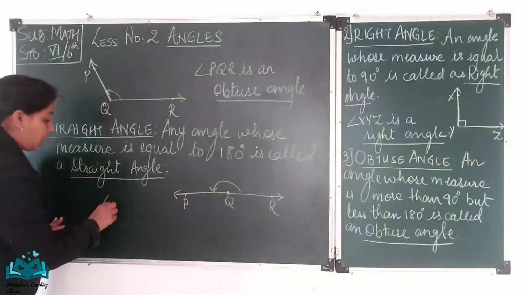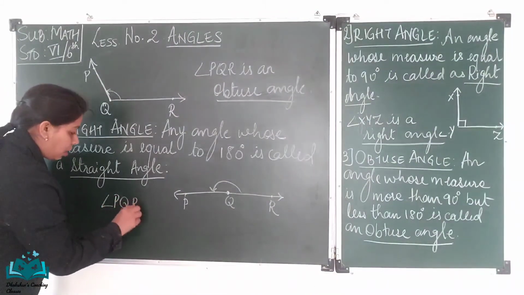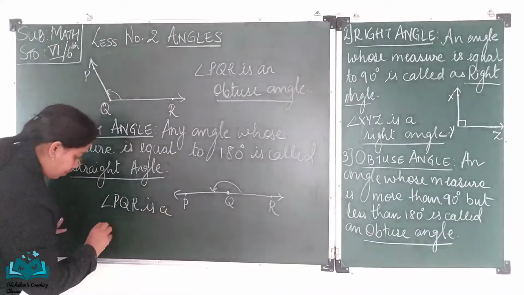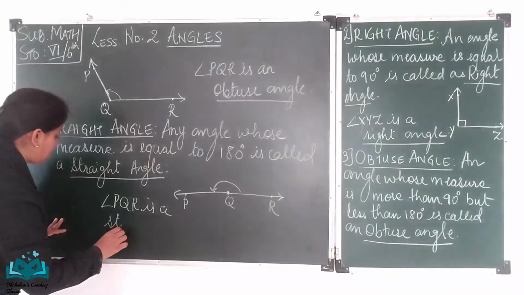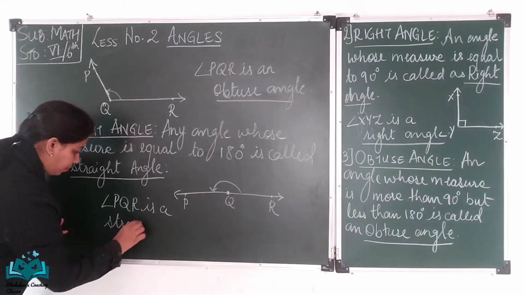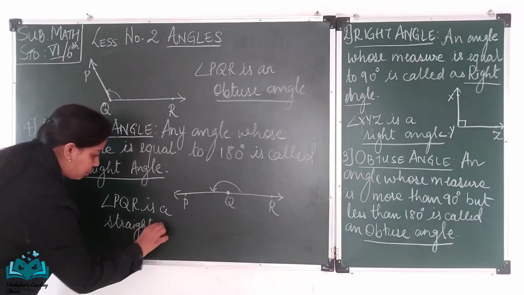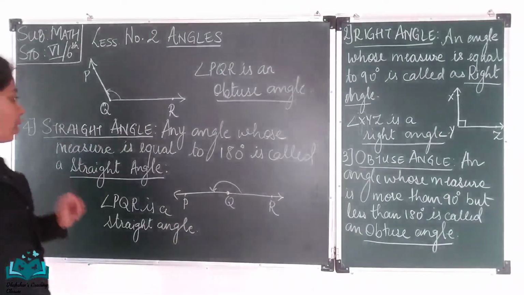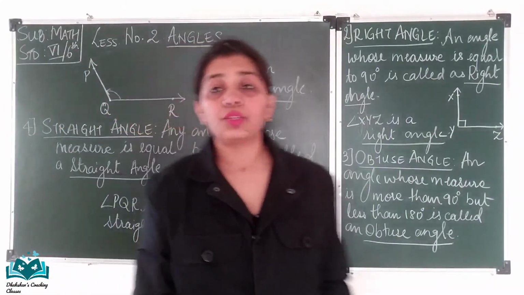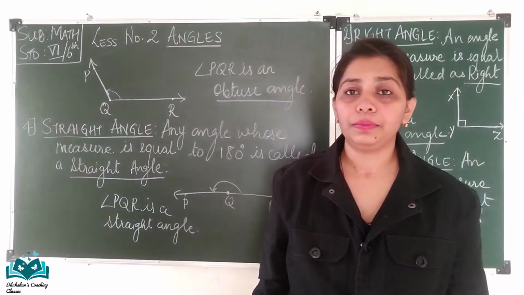So, angle PQR is a straight angle. So, this is your straight angle.